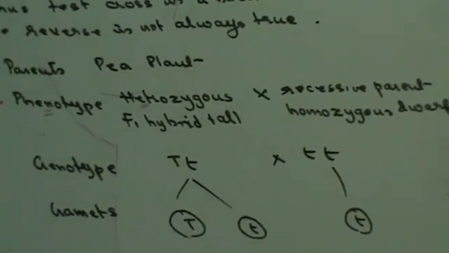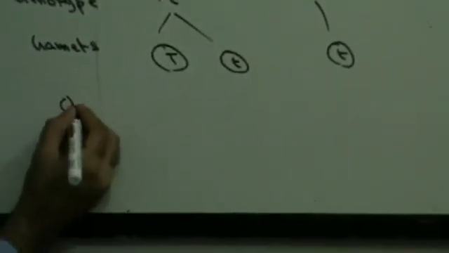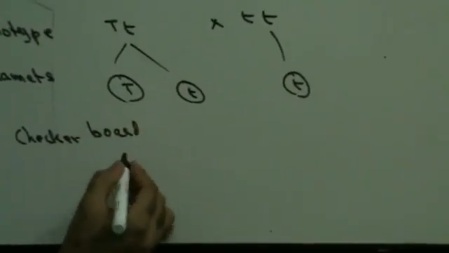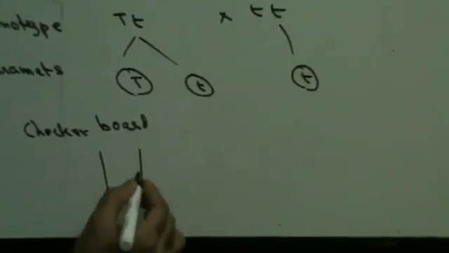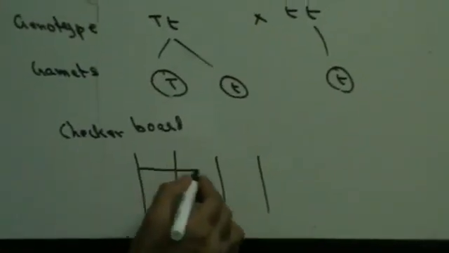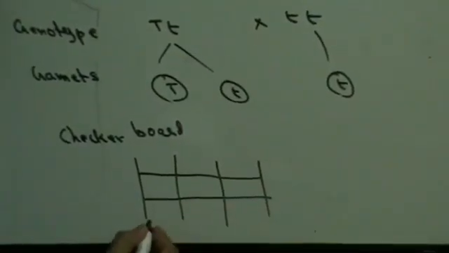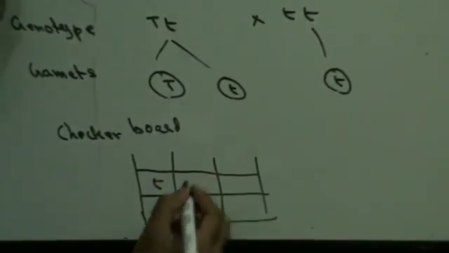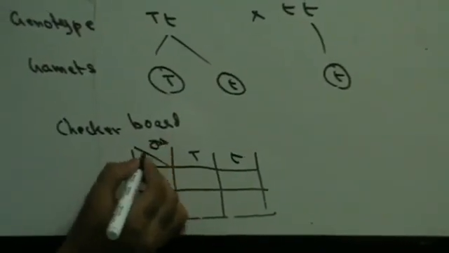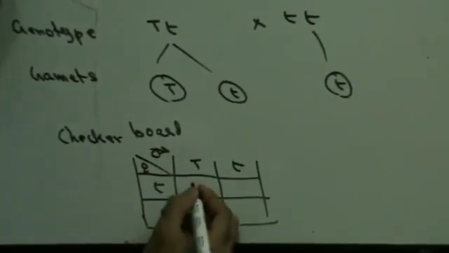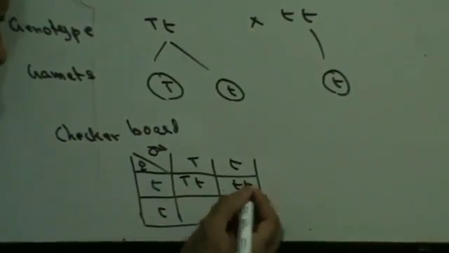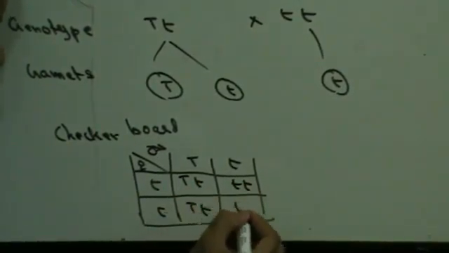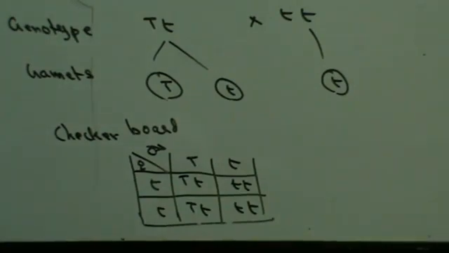Right? Now, let's see the checkerboard. This is going to be, say, T and t. Consider one to be male, the other to be female. So Tt, tt, Tt and tt. That's going to be my checkerboard pattern.